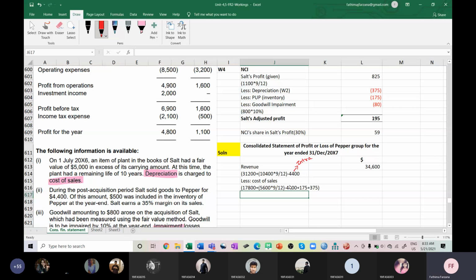This is intra, this is PUP, this is depreciation.